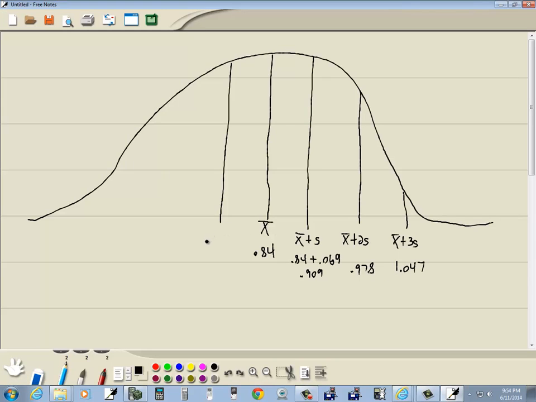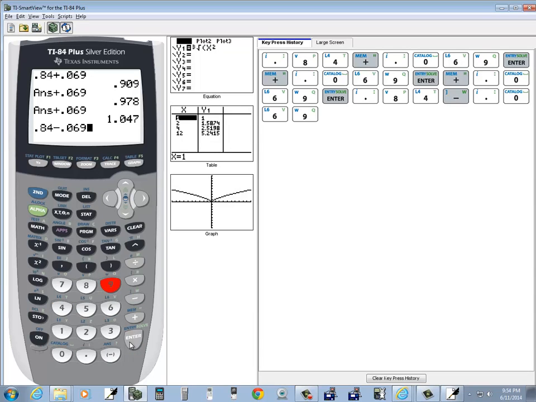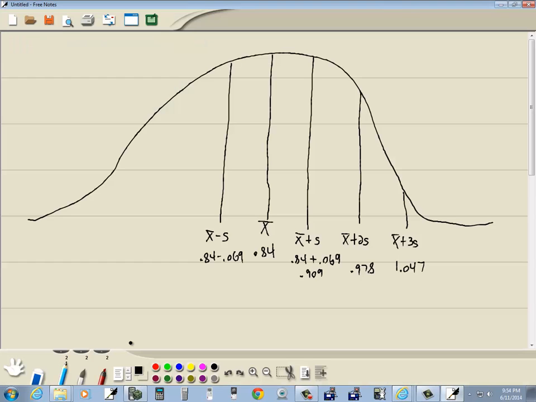Over on this side, we're going to have X bar minus 1 standard deviation. So we have 0.84 minus 0.069, and we get 0.771. Then the next one will be X bar minus 2 standard deviations.